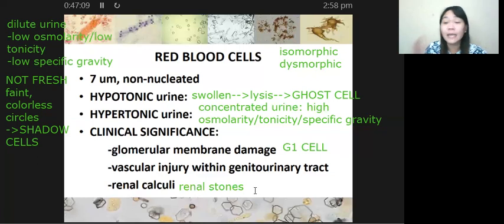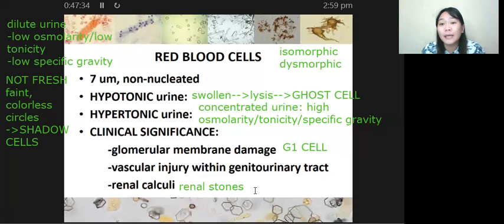Dysmorphic ba yung RBC? Hindi. Hindi siya dysmorphic. Kasi hindi naman nagsisisiksik yung RBC di ba? Nasugat. In layman's term, nasugat yung genitourinary tract mo. Kasi pwedeng meron kang renal stones, or pwedeng may injury to your genitourinary tract, nasugat siya, nag-bleed.